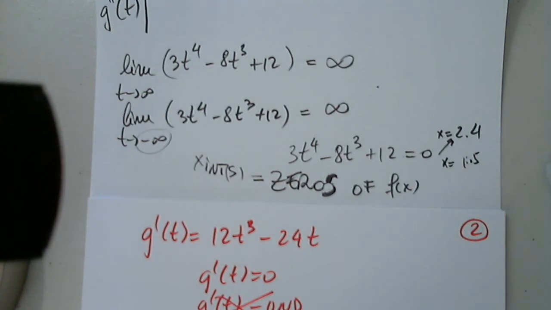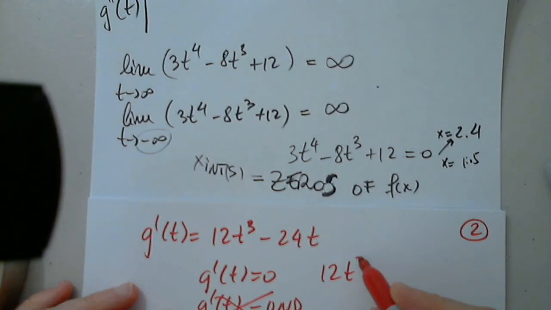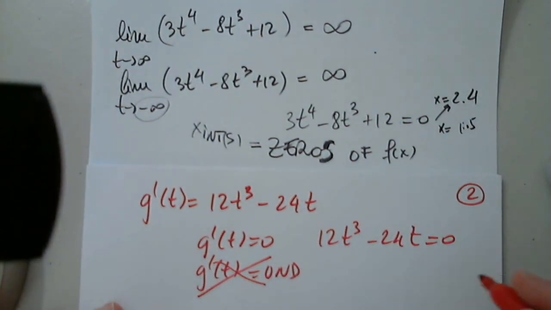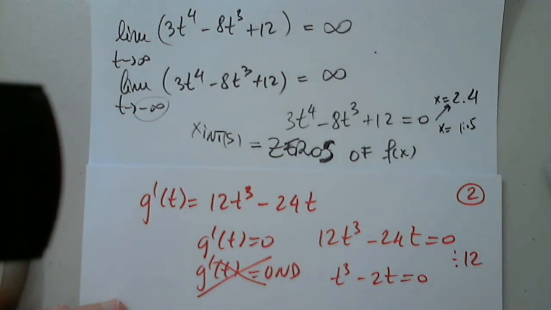G prime is defined everywhere. It's a polynomial function. So I have 12t to the third minus 24t equals 0. I will divide immediately by 12 and factor out t, right? So I have t to the third minus 2t equals 0.